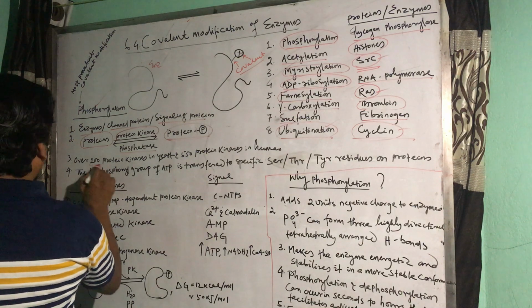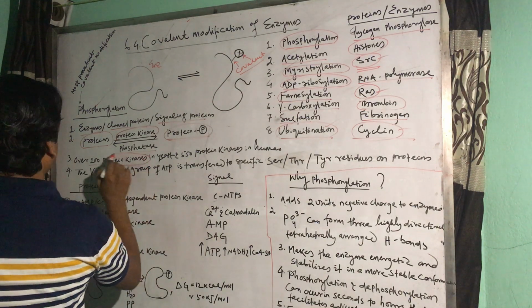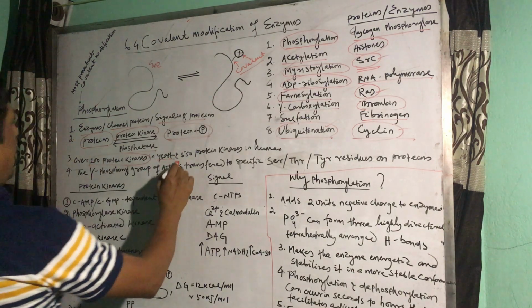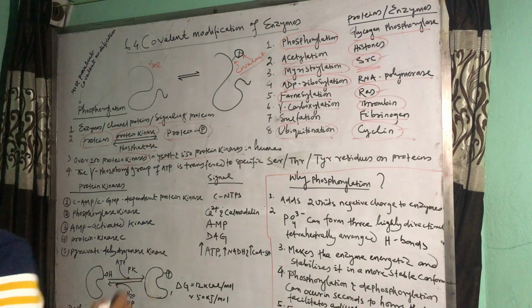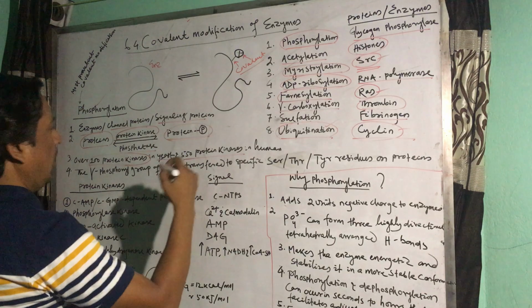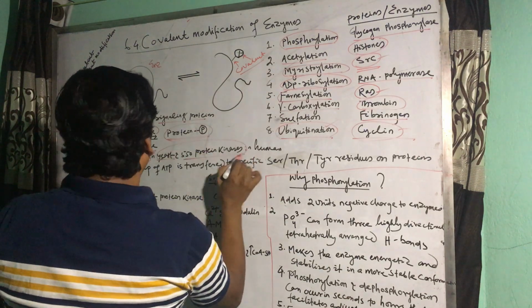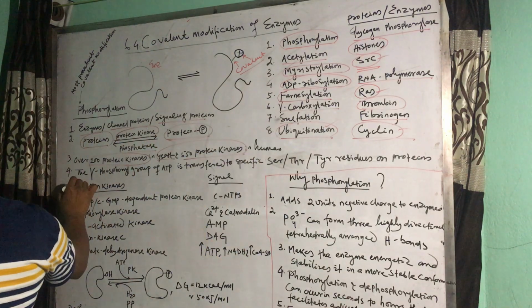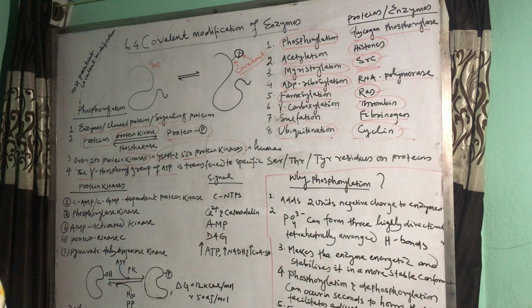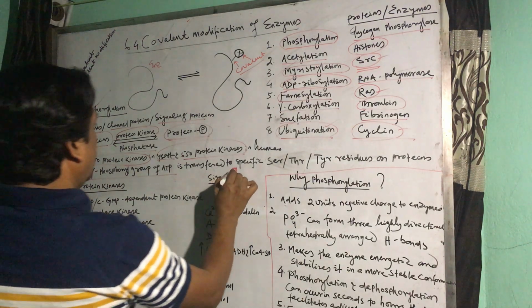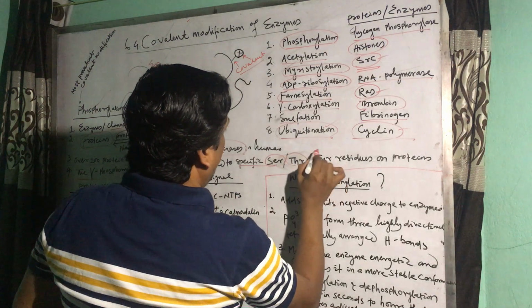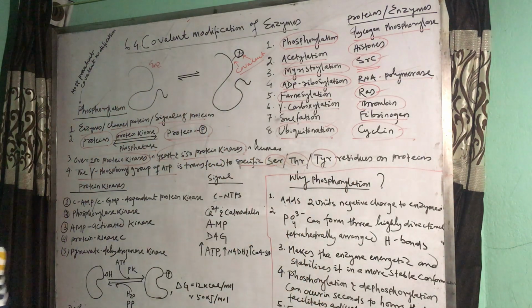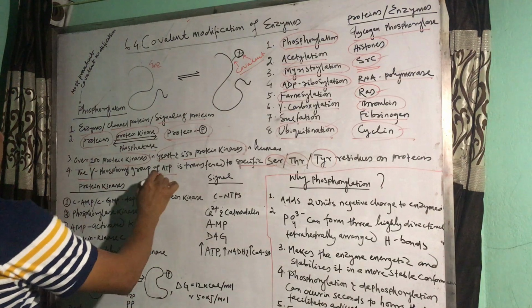Over 100 protein kinases are known in yeast and 550 protein kinases are known in humans. They regulate different cellular processes. The gamma phosphoryl group of ATP is transferred to specific serine, threonine or tyrosine residues on proteins.